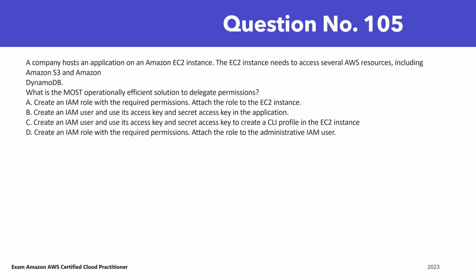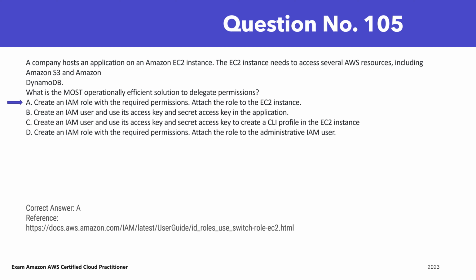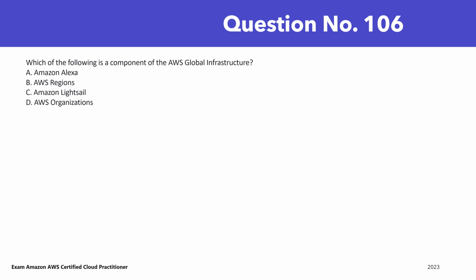C. Create an IAM user and use its access key and secret access key to create a CLI profile in the EC2 instance. D. Create an IAM role with the required permissions. Attach the role to the administrative IAM user. Correct answer, A.